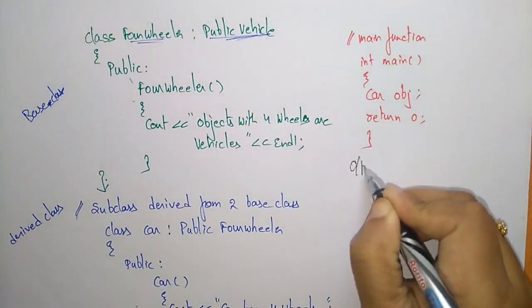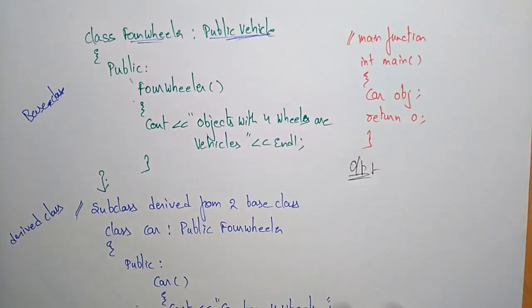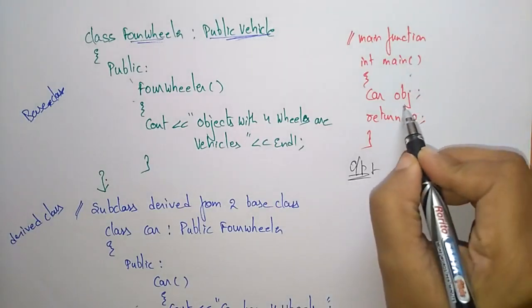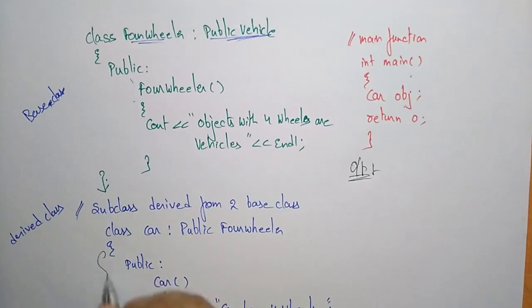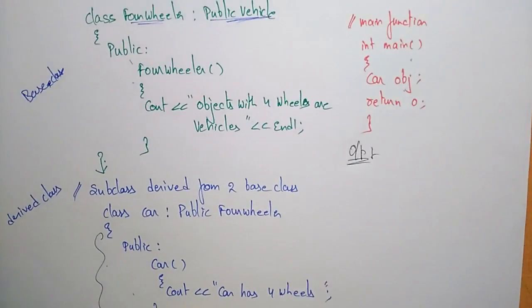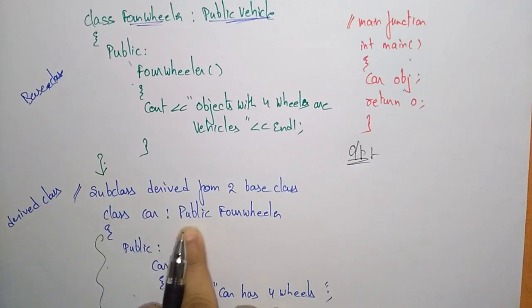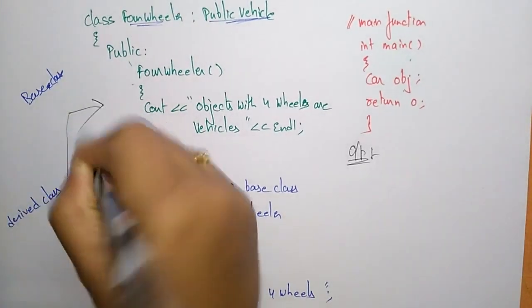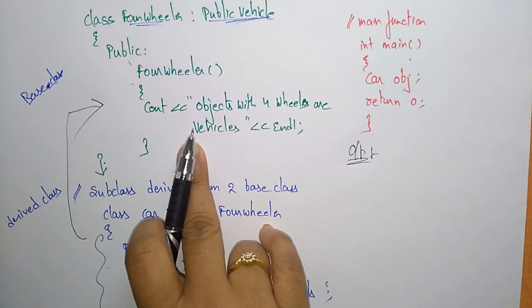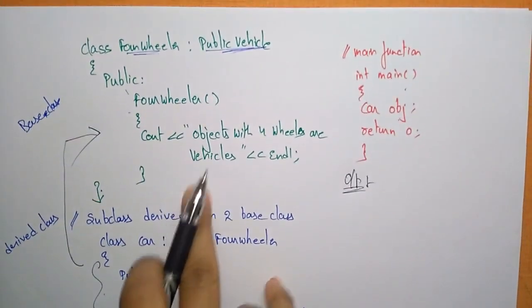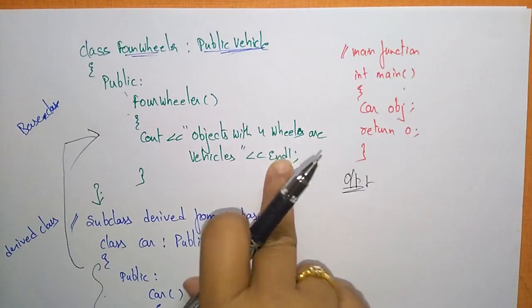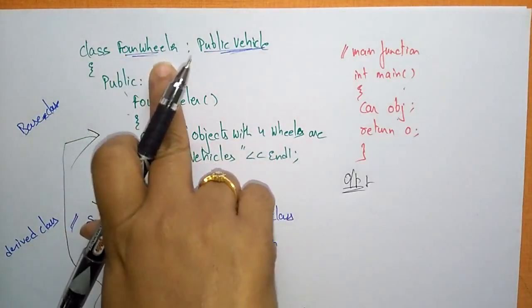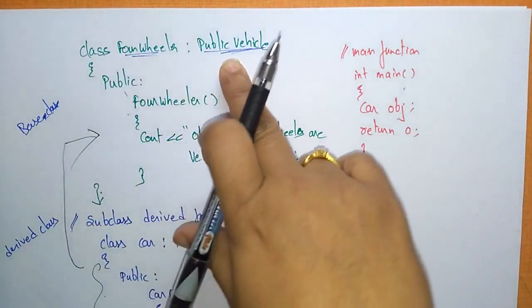What will be the output now? Whenever the car object is created, it comes to this part. Here class car inherits the properties of four-wheeler. So instead of printing this, it first enters the function four-wheeler. But the class four-wheeler is again inheriting public vehicle.